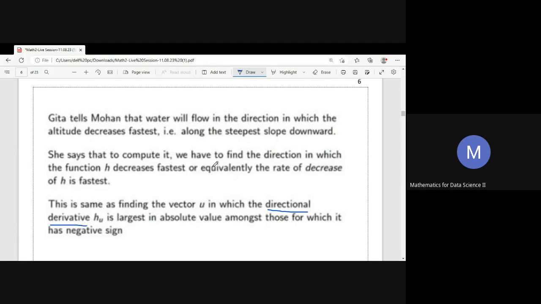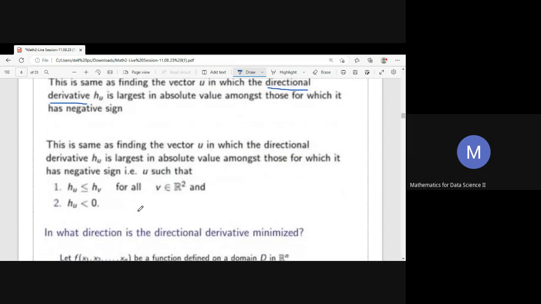So how to find in which direction the water is flowing very fast? For that, you have to find the directional derivative, and find the vector u in which the directional derivative is largest in absolute value.